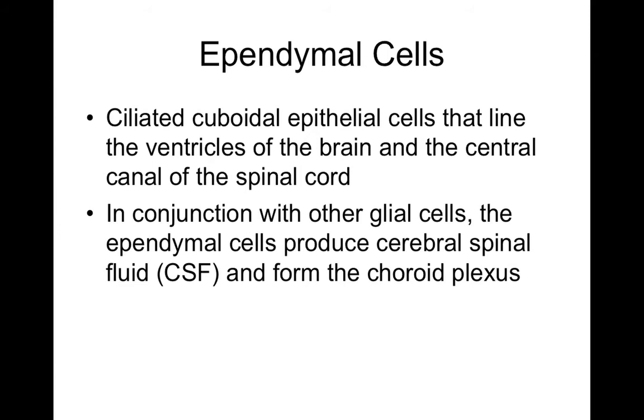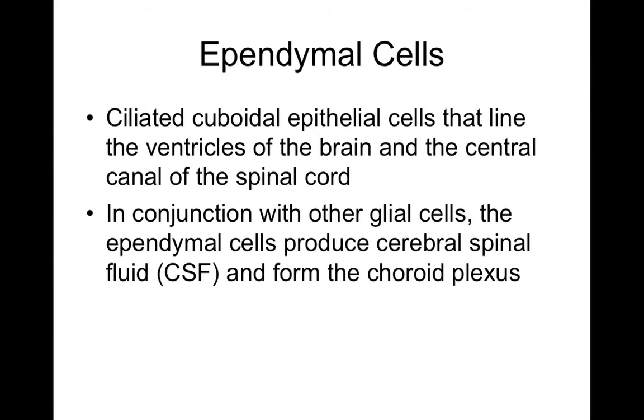There are large fluid-filled chambers inside your brain. That fluid-filled chamber is called a ventricle. It's basically the space around which your brain develops. We'll get to this a little bit later. Now, what lines the space inside your brain is not a true epithelium, but it's like an epithelium, and we call these the ependymal cells.